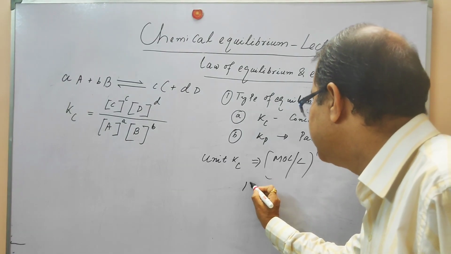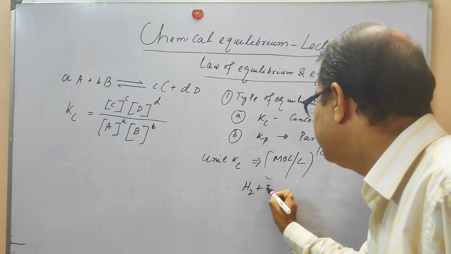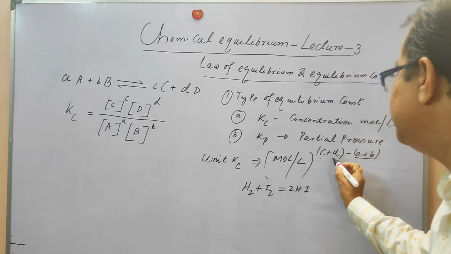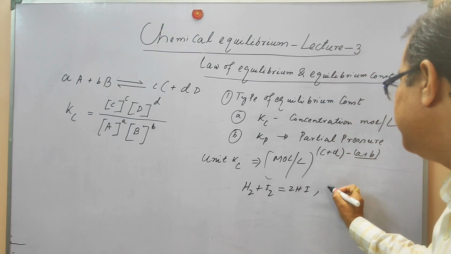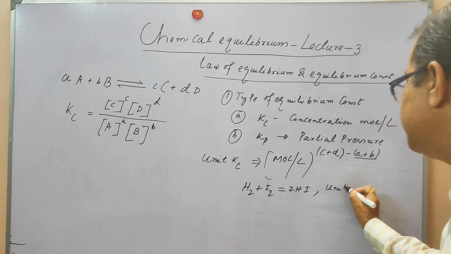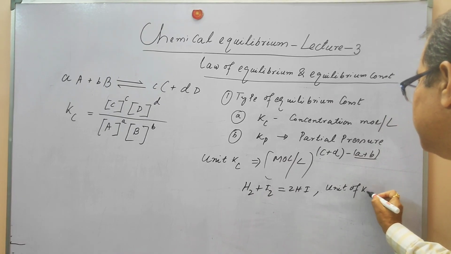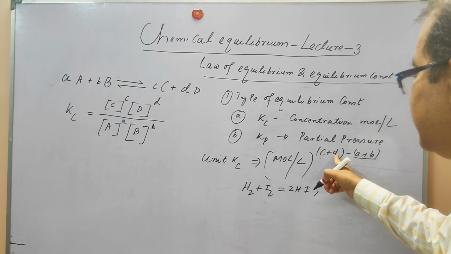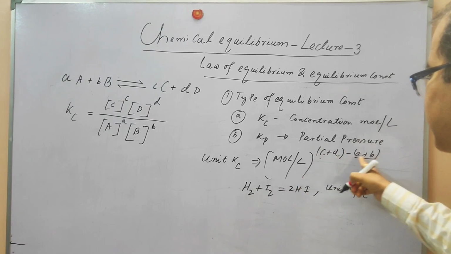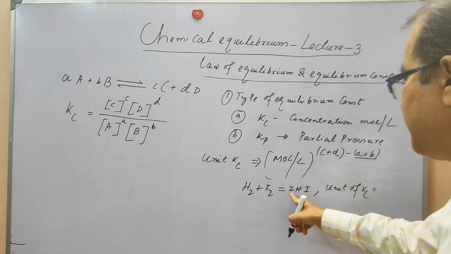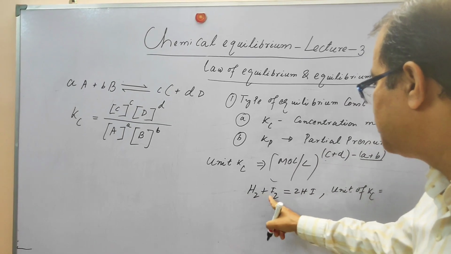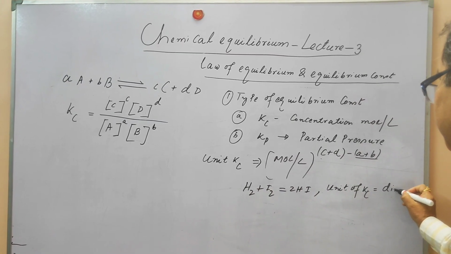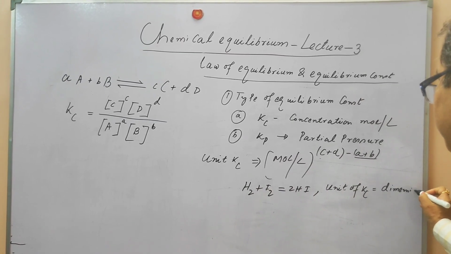For the reaction H2 plus I2 is equal to 2HI, C plus D is 2 and A plus B is 2. So Kc will be dimensionless. No dimension for Kc.